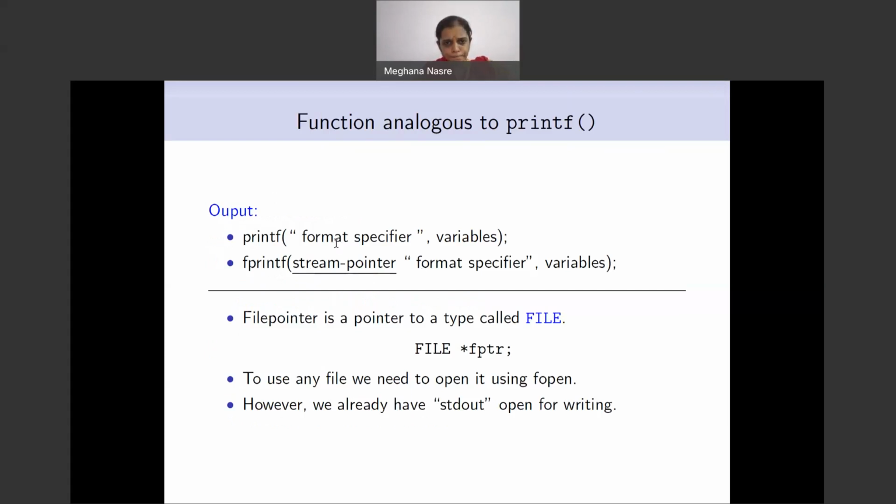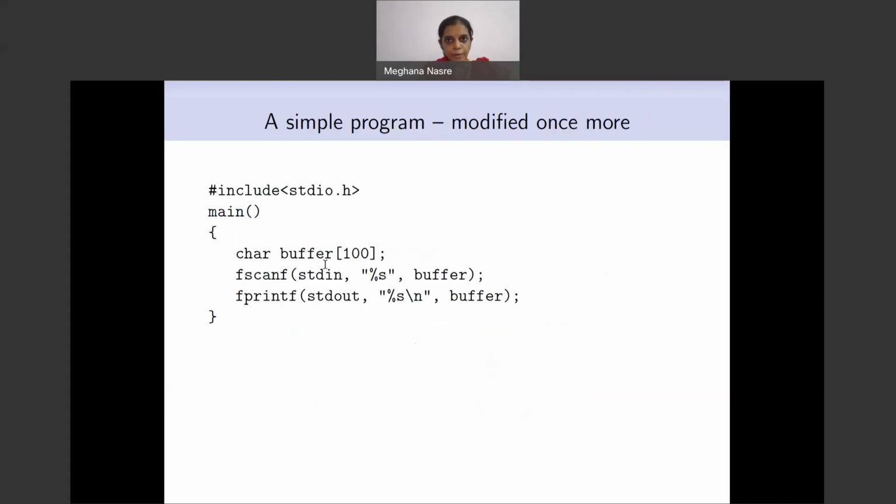And again, as we said, the standard output is available for us for writing. So printf was implicitly using the standard output. The fprintf is explicitly using the standard output. You can also use other streams, but for the moment we are just modifying the simple program.